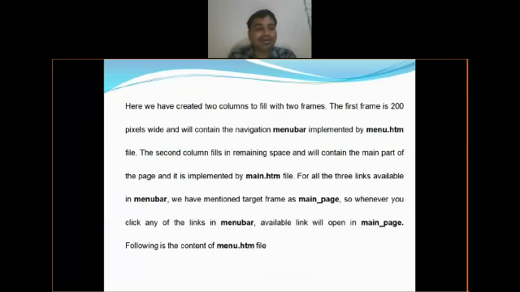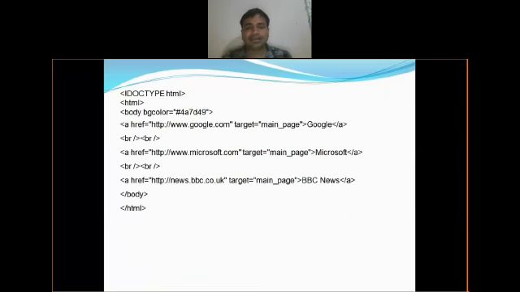So whenever you click on a link in the menu bar, the link will open in the main page. Follow the content of menu.html. In this case, you can imagine that on the left side we specify the menu, and the right side is the entire main page where we want to show the information. Just click on the left side and it automatically appears on the right side.